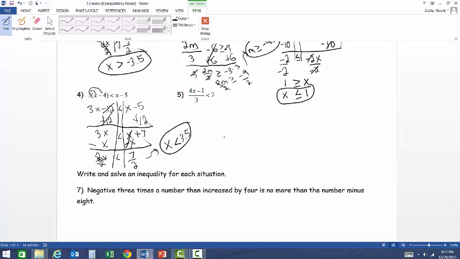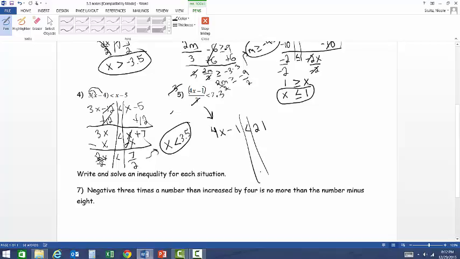Number 5 is a little different because the problem is I have this whole fraction, this whole thing is being divided by 3. So I've got to take care of that 3 first. So we're going to multiply both sides by 3. And in doing that, these 3's divide into each other and I no longer have a fraction. Seven times 3 is 21.